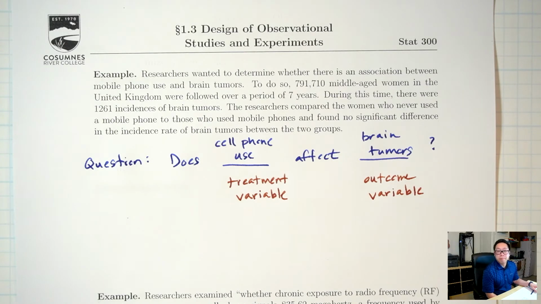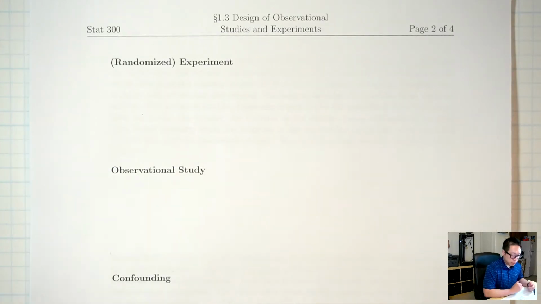So what's the difference? In an experiment, you, the researcher, control who gets the treatment and who doesn't.